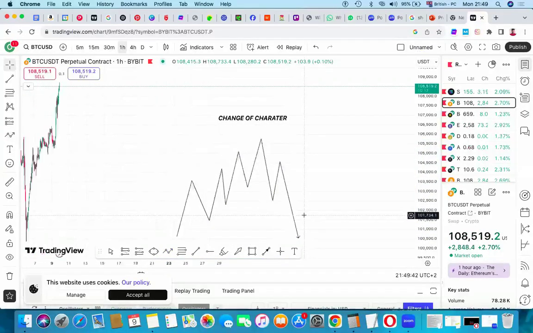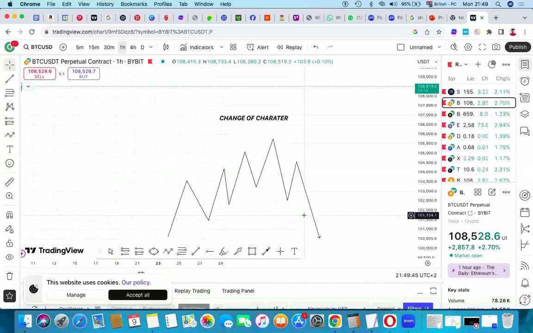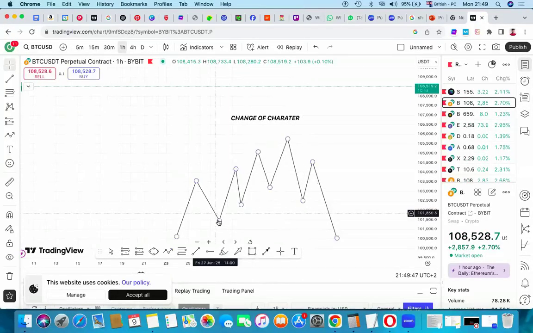So for you to have a change of character, you can see the market breaking structure to the upside this way.